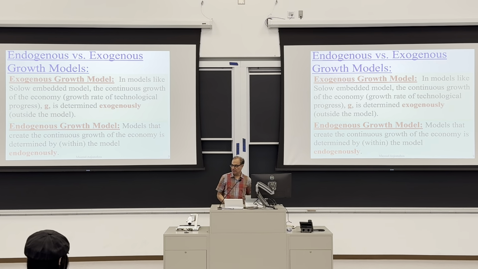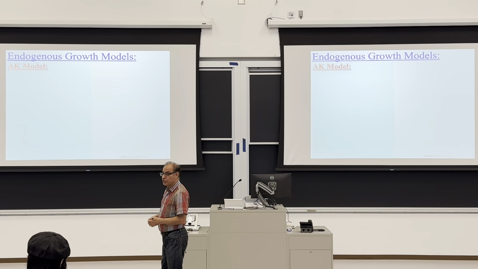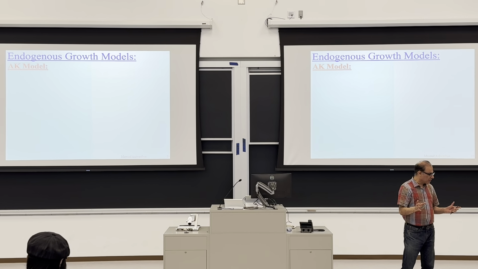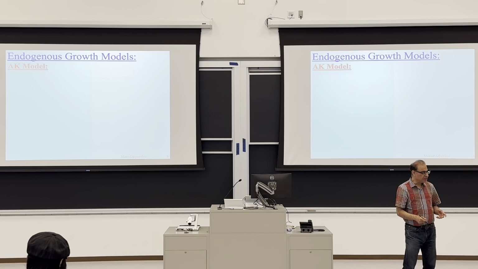But what I can offer you here is something called the AK model. This AK model is not a growth model. This is the engine of all endogenous growth models. If you can come up with the story, the endogenous growth model is so important they put your name on it.